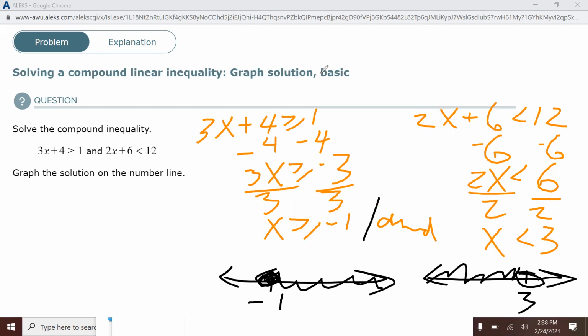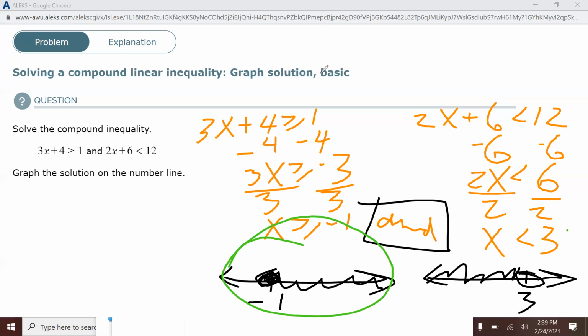And the word and means that we don't take everything that's shaded in, like we did with or. Instead, we're only going to keep what they have in common, what satisfies this and this at the same time. So where the two of them overlap.